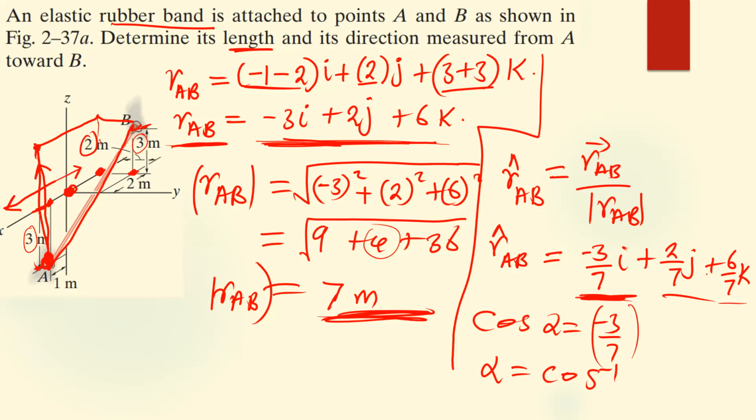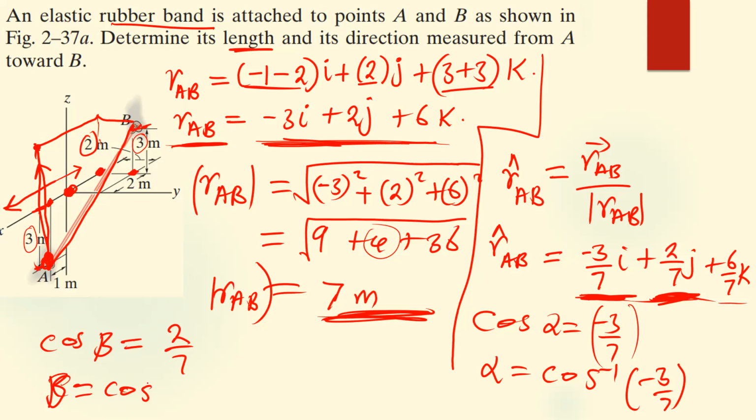To find the other angle, you say cos beta equals 2 over 7. You just get what is there. So to find beta, we say cos inverse of 2 over 7.